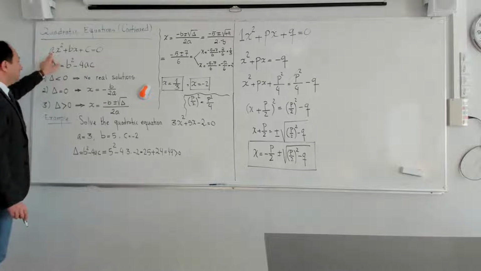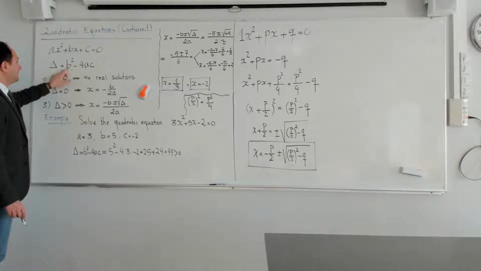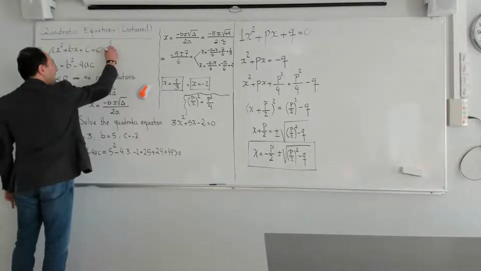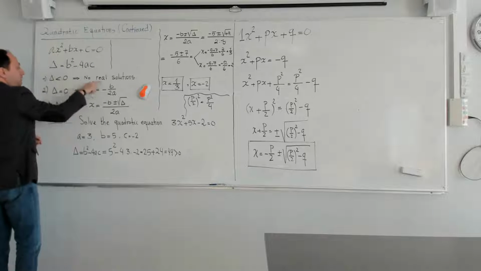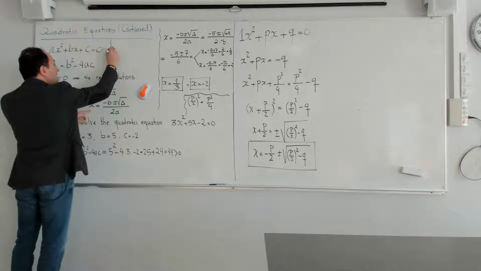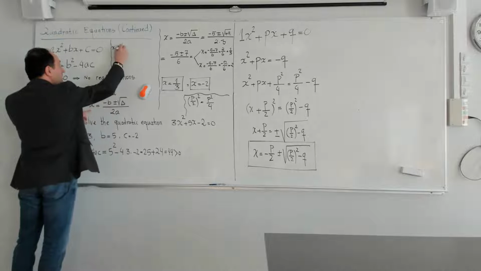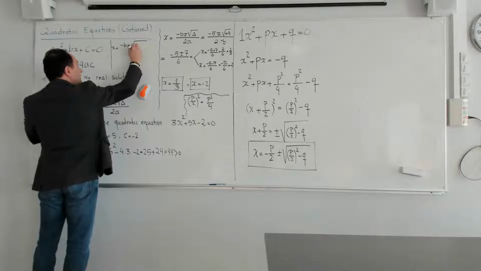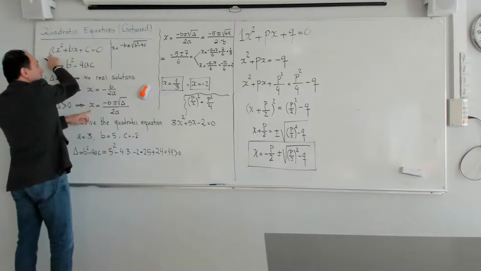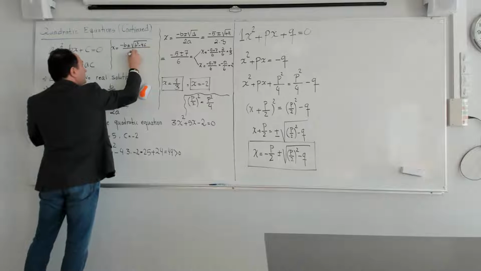If you put a equal to 1, then your delta becomes b squared minus 4a, and this formula, let us see what happens to this formula. If I put a equal to 1 in ABC formula, then this becomes x equals minus b plus or minus square root of b squared minus 4c only, because a is 1, and then divided by 2 times a.